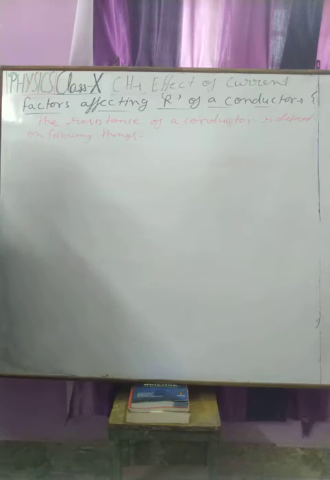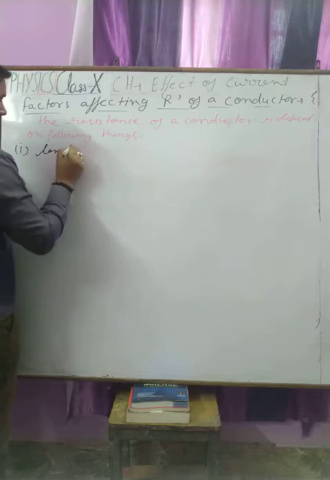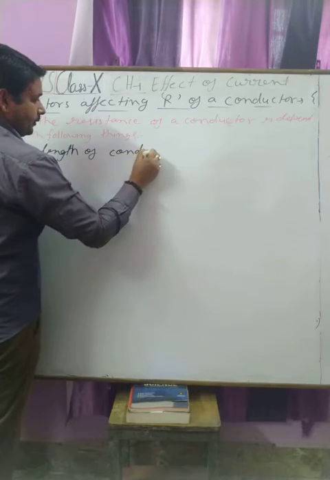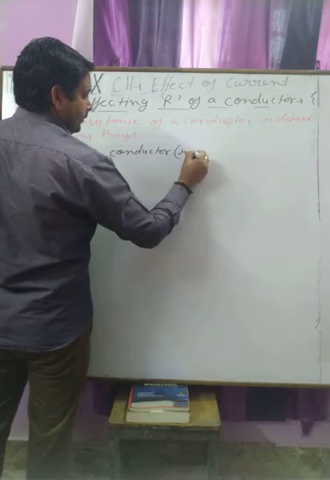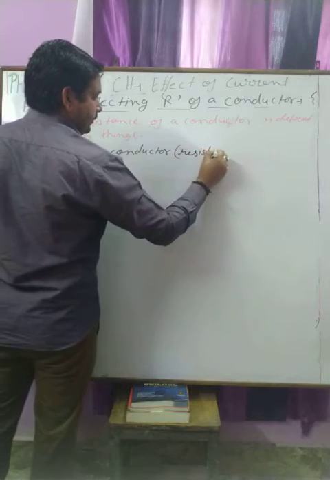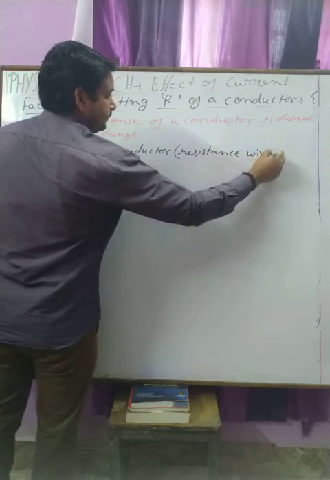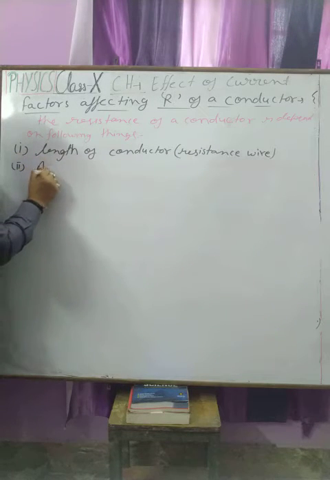First is the length of the conductor, or resistance wire. Second is the area of the conductor.